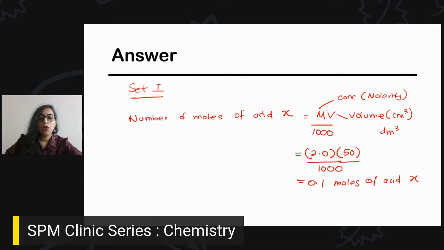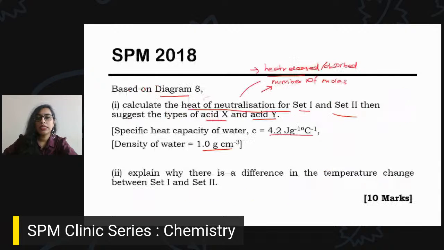Alright, so now we are going to calculate the number of moles of NaOH, sodium hydroxide. The same formula, MV over 1000. Let's look into the molarity here.